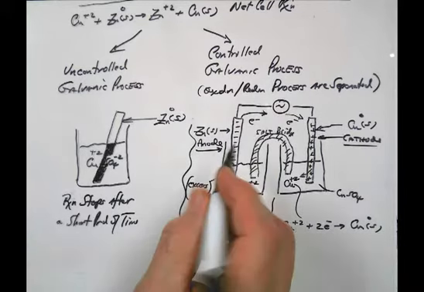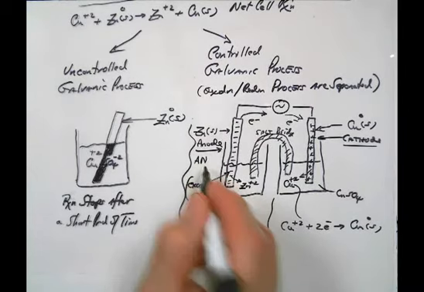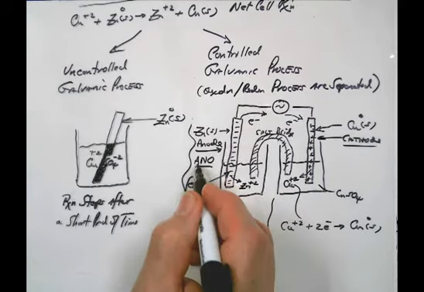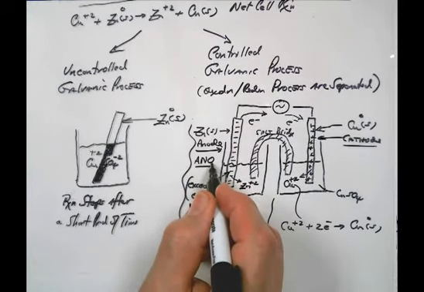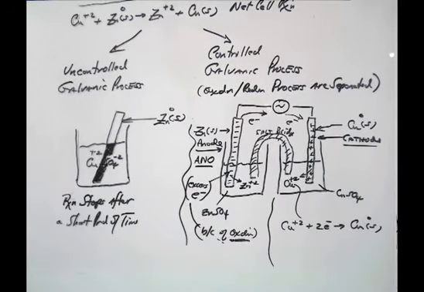One of the acronyms that I give people is ANO: anode, negative electrode, oxidizing. ANO. And whatever's going on the other side is opposite that.